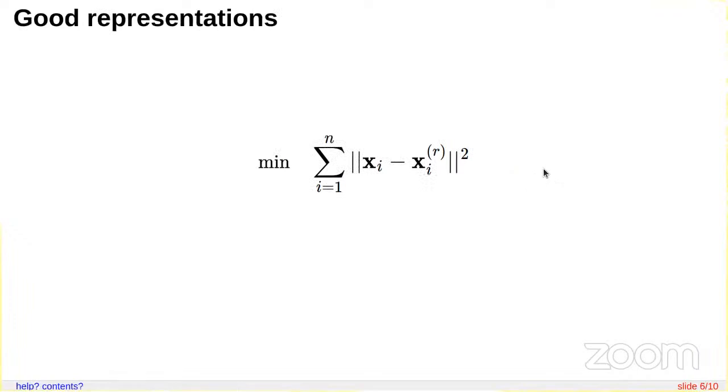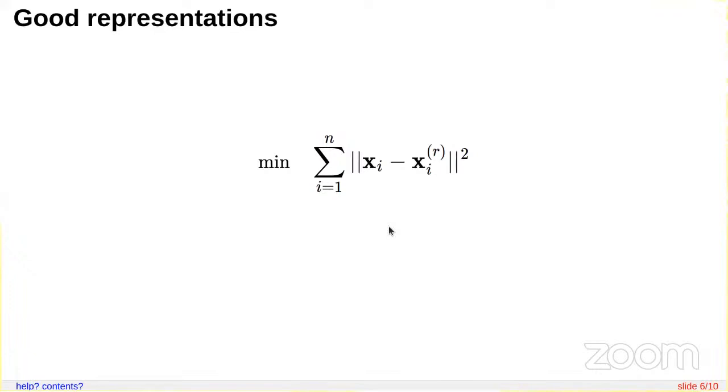Okay, so what is a good representation then? You need to find those representations or reconstructions which minimize this sum. So what value of xi superscript r will minimize this sum? Perpendicular values, sir. Okay, let's not go there. Assume that you don't know PCA.